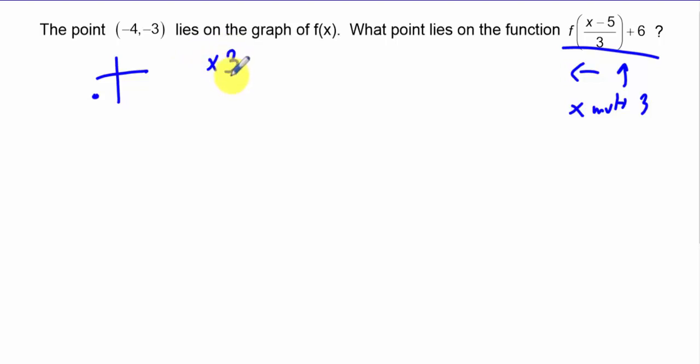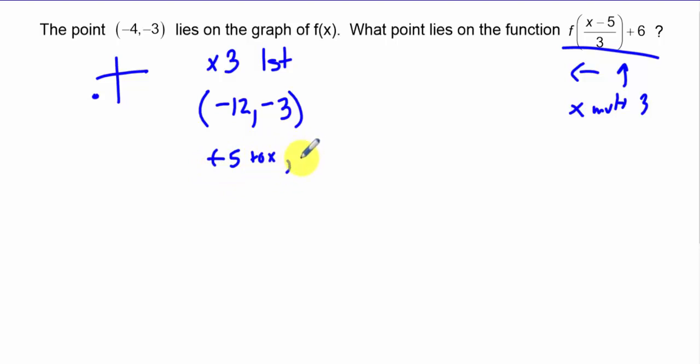Let's do this, 3 times first, and we're going to do that to the x value. So this goes to (negative 12, negative 3). And then, second, we're going to add 5 to the x.